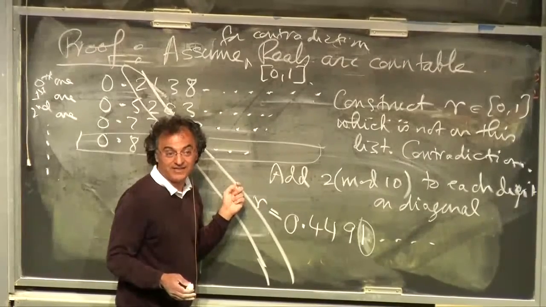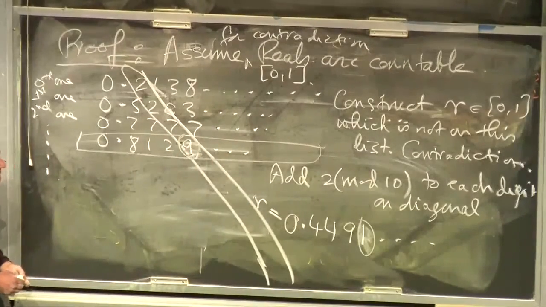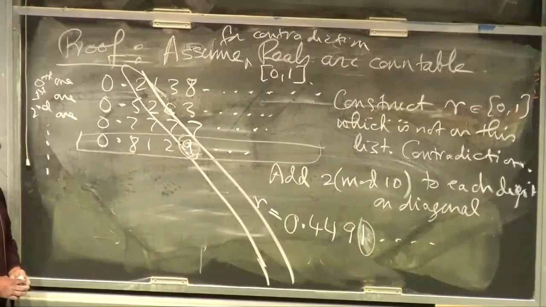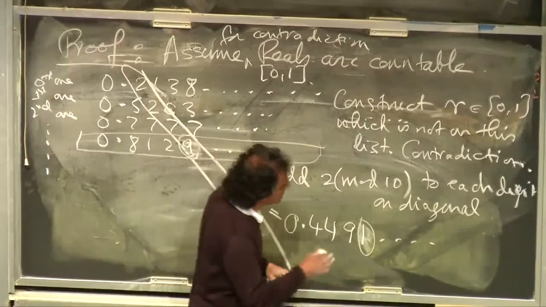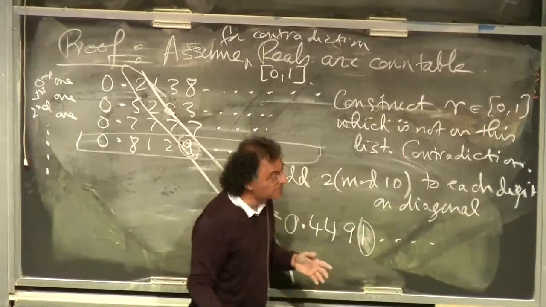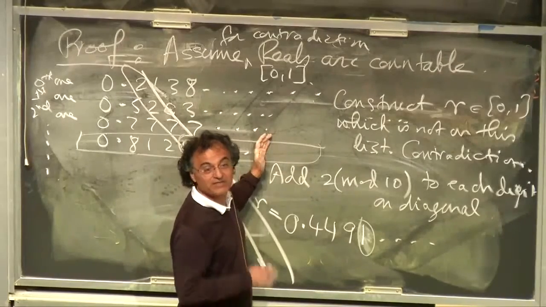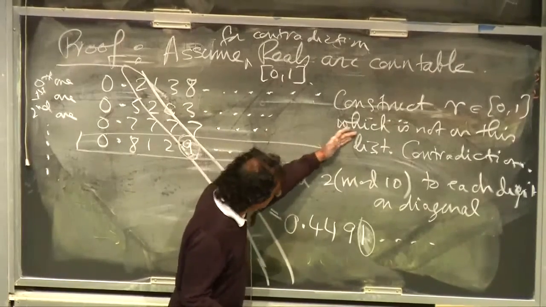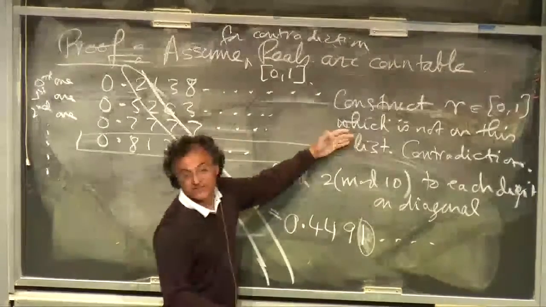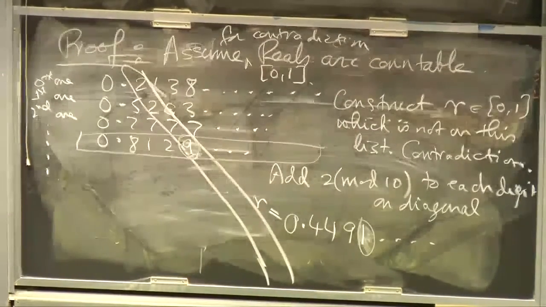And therefore, R does not belong to this list. So what we've managed to do is construct a number R, between 0 and 1, which is not on the list, by this diagonalization argument. Contradiction. Therefore, the real numbers between 0 and 1 are not countable.